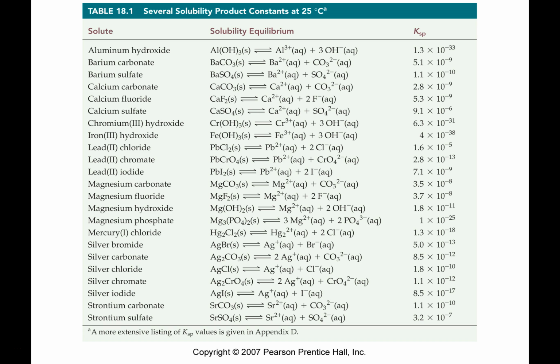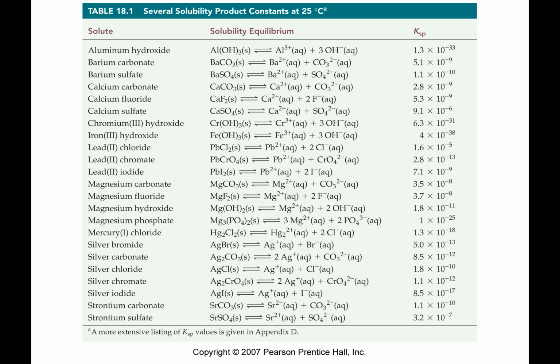Here's a good one: magnesium phosphate. To get the neutral formula for magnesium phosphate, you'll need 3 Mg+2s and 2 PO4 3 minuses. So the balanced equilibrium has 3 Mg+2 and 2 PO4 3 minuses.